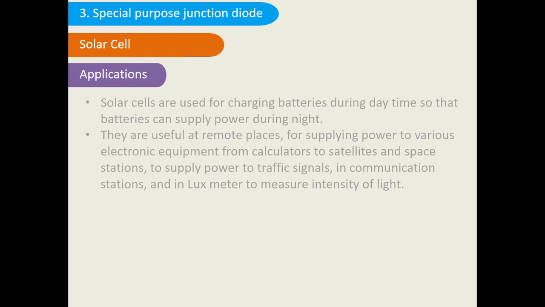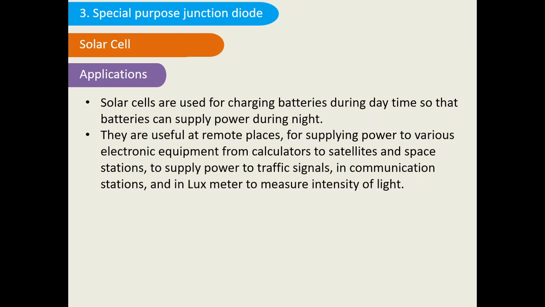What are the applications of solar cells? The first application is that solar cells are used for charging batteries during the daytime, so that batteries can supply power during the night.